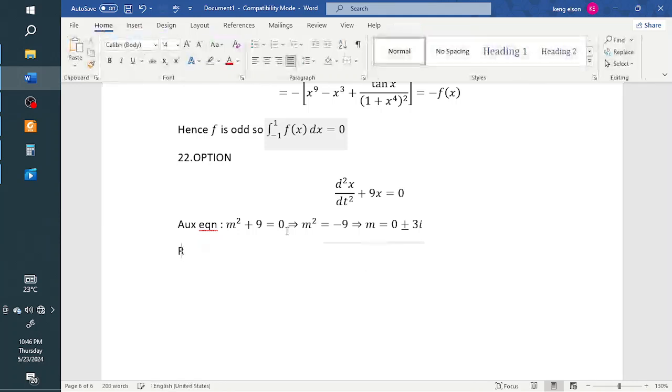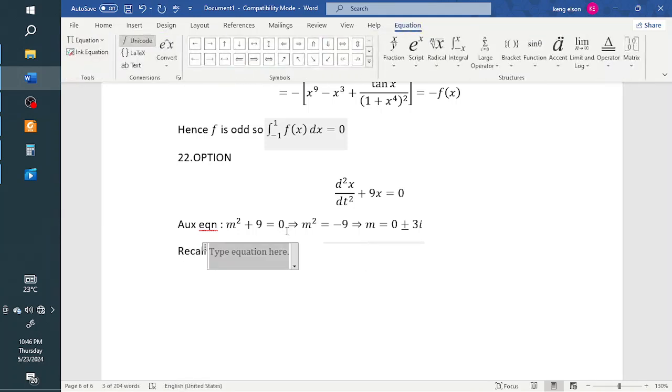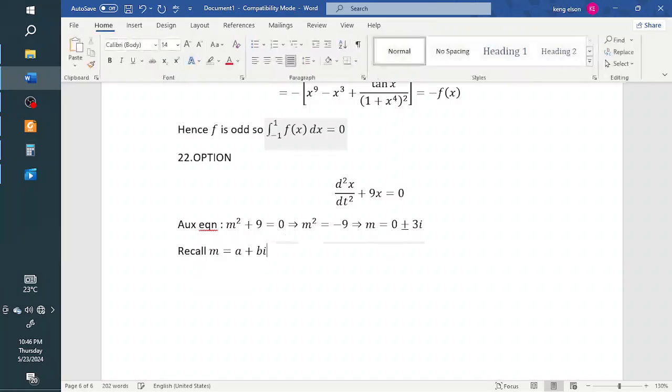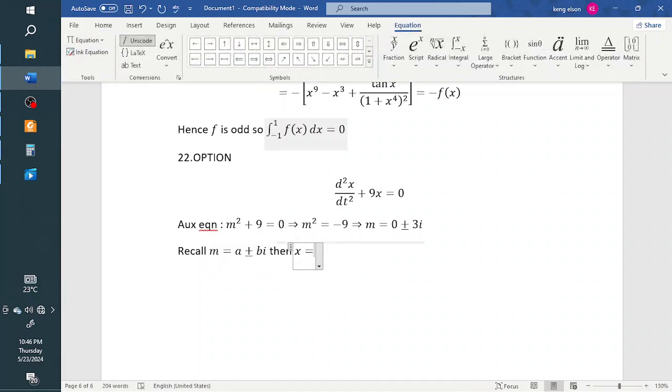First of all, you have to recall that if m is equal to a plus or minus bi, then your x, since it's in terms of t, will be equal to e raised to the power small a t, the cosine of bt, plus epsilon.